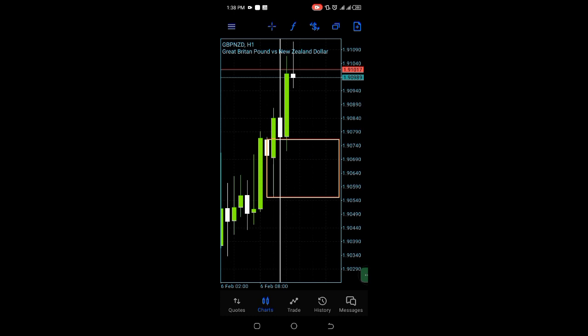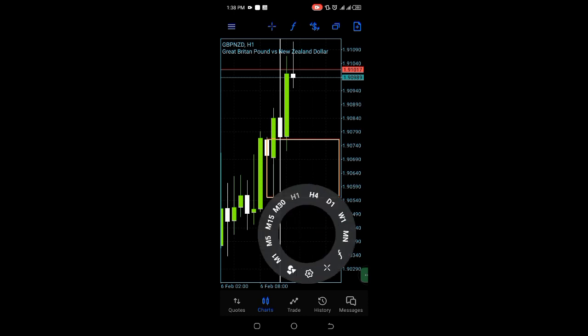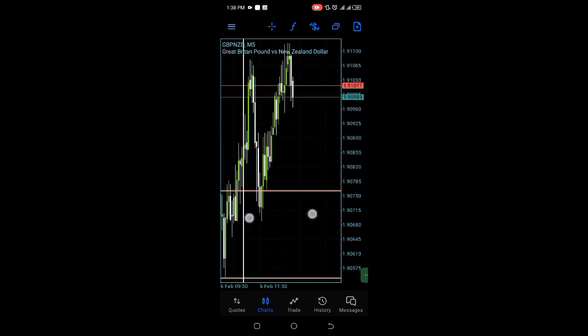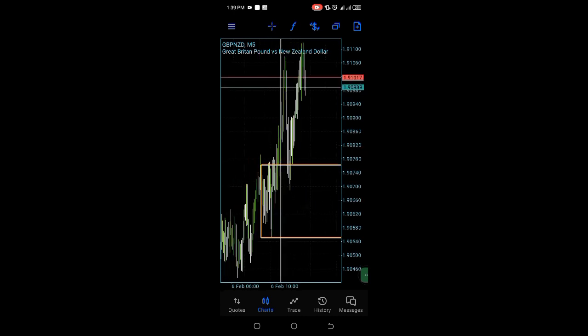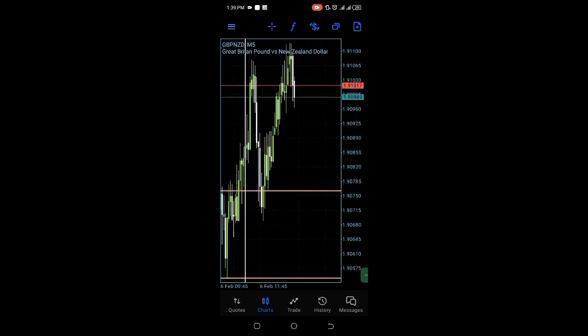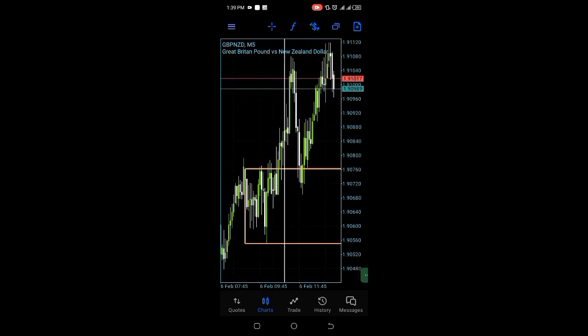So dropping down to the lower time frame, now when you identify an engulfing candle on the higher time frame, it means you just identify a zone, a supply zone or a demand zone. So you want to drop down to the lower time frame on M5 that corresponds with the H1. Okay, you want to identify an exact entry point, and then to minimize your risk.